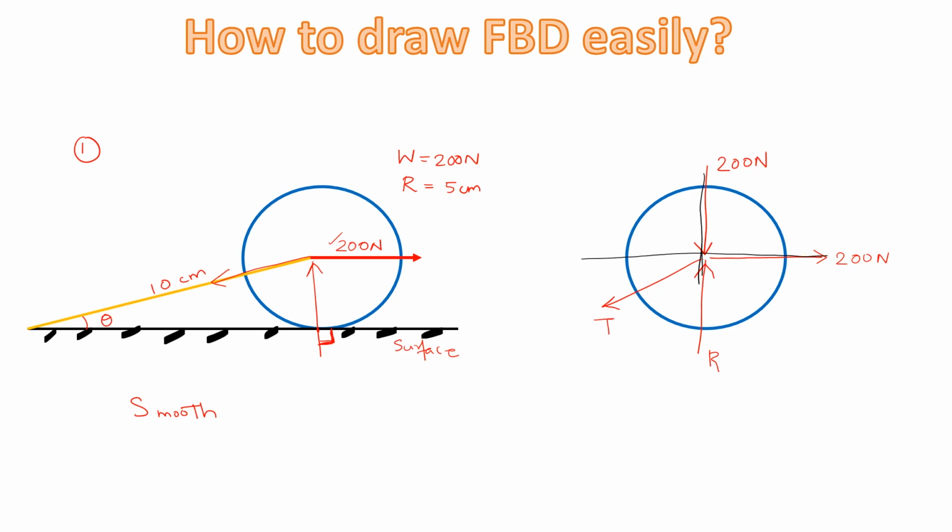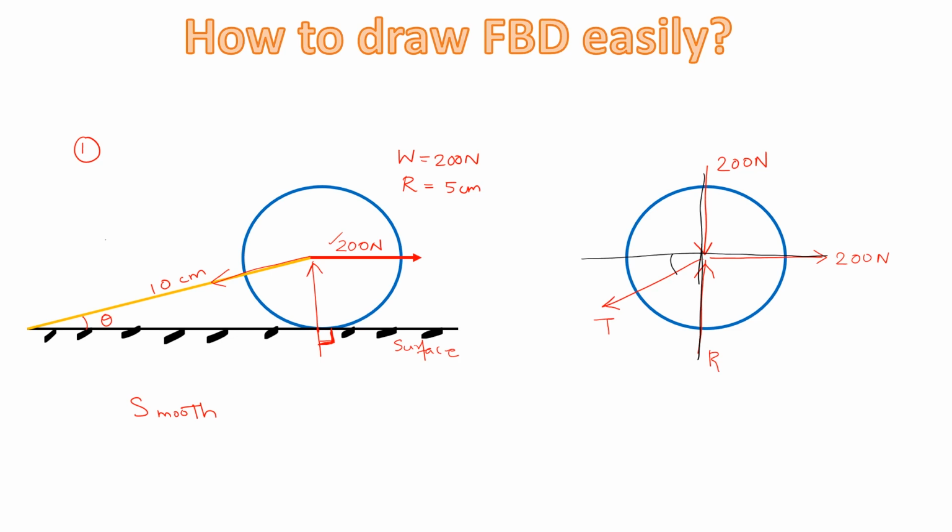We can see the reaction and the 200 Newton forces, all these three forces are acting along the x or y axis, but T is the only force which acts at an angle. So we need to find how many degrees this angle is, and then only can we resolve it into components to find out the values of R and T.